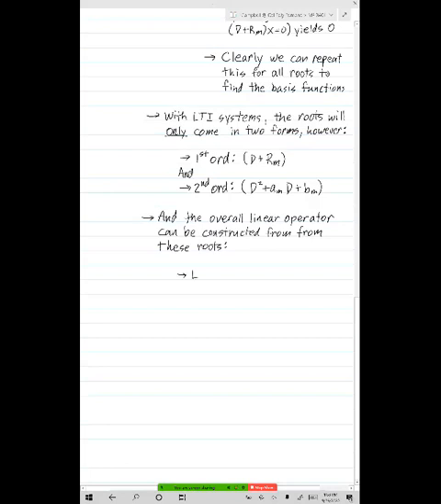So if we have our linear operator, D to the n plus c1 D to the n minus 1 plus all the way on out to plus cn minus 1, we can see that this is just going to be equal to then D plus r1 times D plus r2 all the way on out to D plus rn.